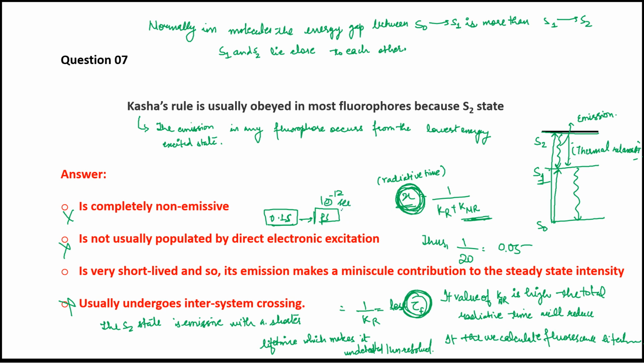I mean, you can observe, but that is somewhere hidden in your total steady state spectrum. So the answer to this question is short lived, and so its emission makes a minuscule contribution to the steady state intensity. Now if you have any doubt in this Kasha's rule, and how we came to the conclusion, feel free to ask.